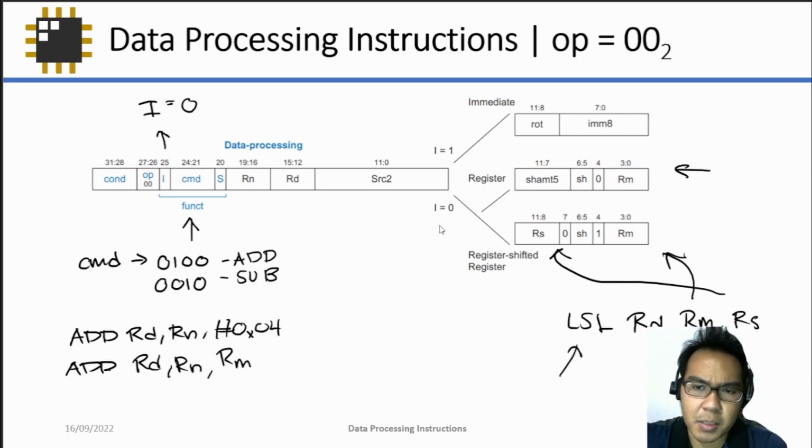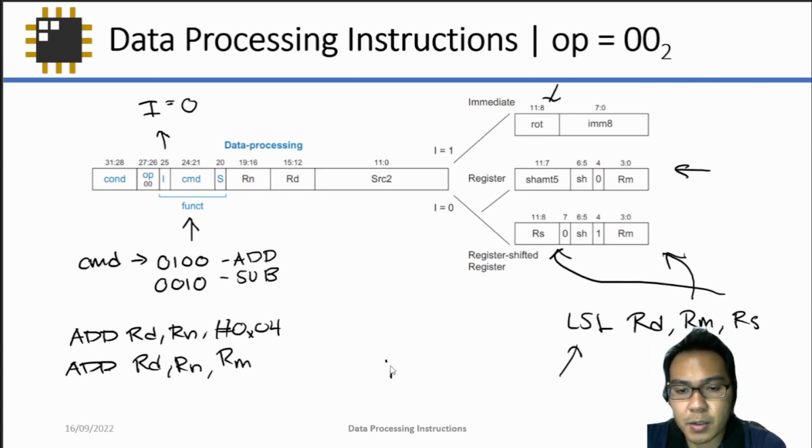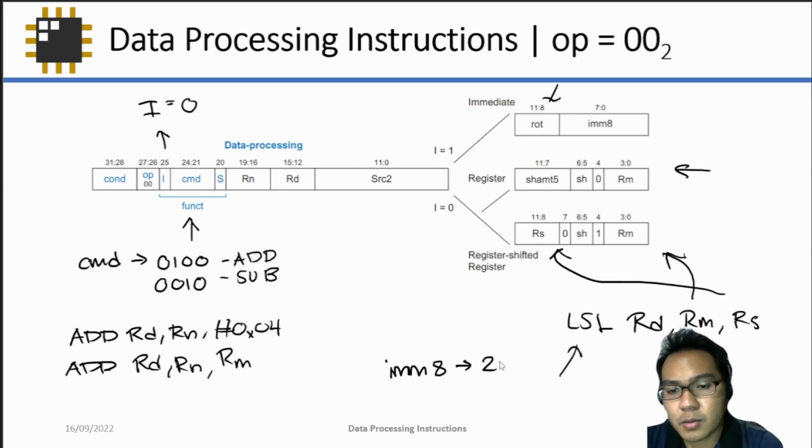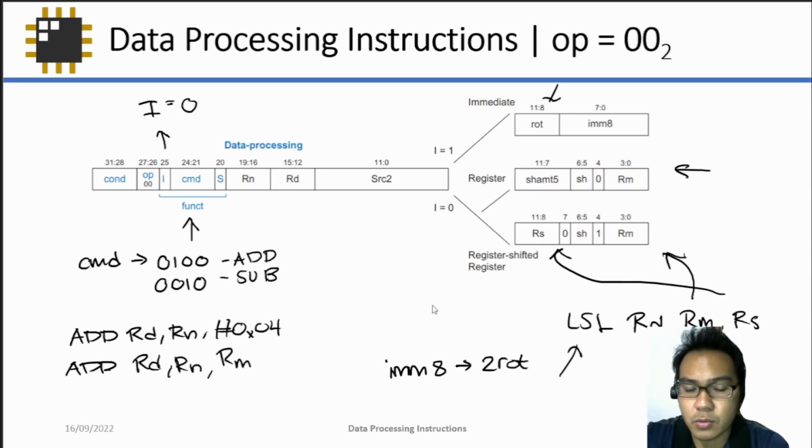Additionally, for immediates, you also have a rotate here. For immediates, you have the 8-bit immediate, but the final immediate that you're going to add is actually immediate 8 shifted by 2 rot. That's rot right there. So you multiply rot by 2, and then you shift im8 to the left by that much.